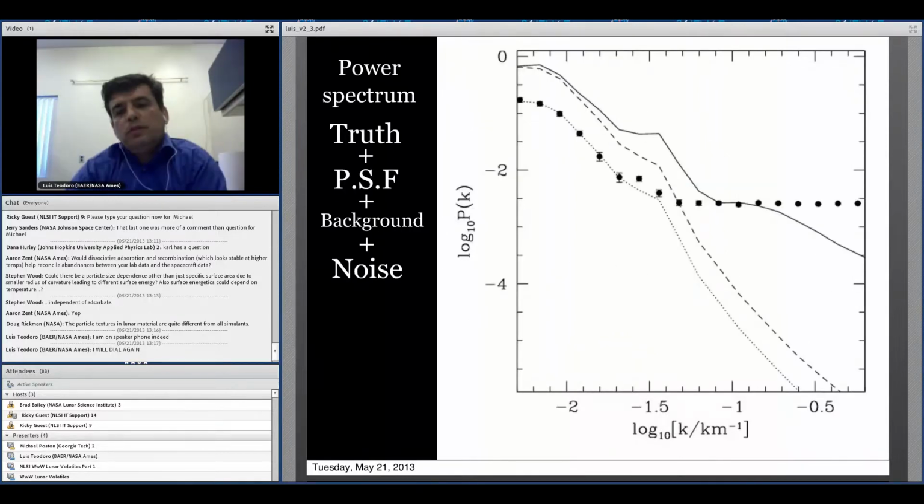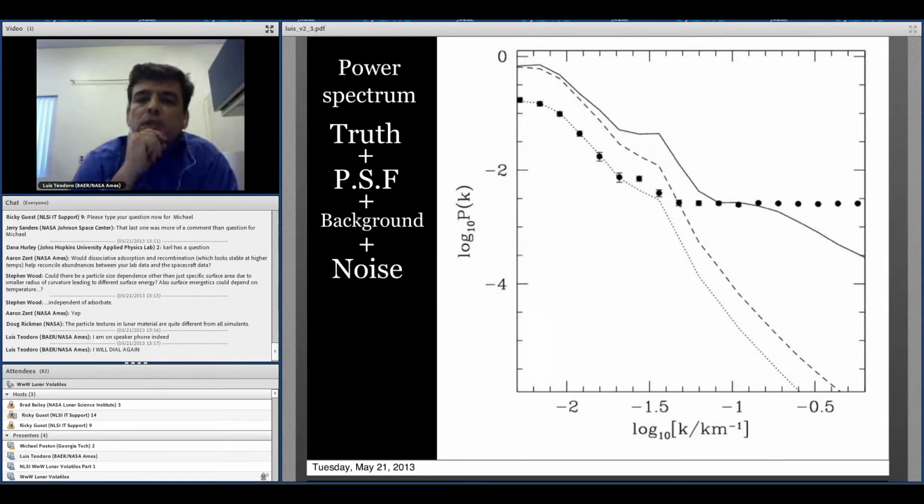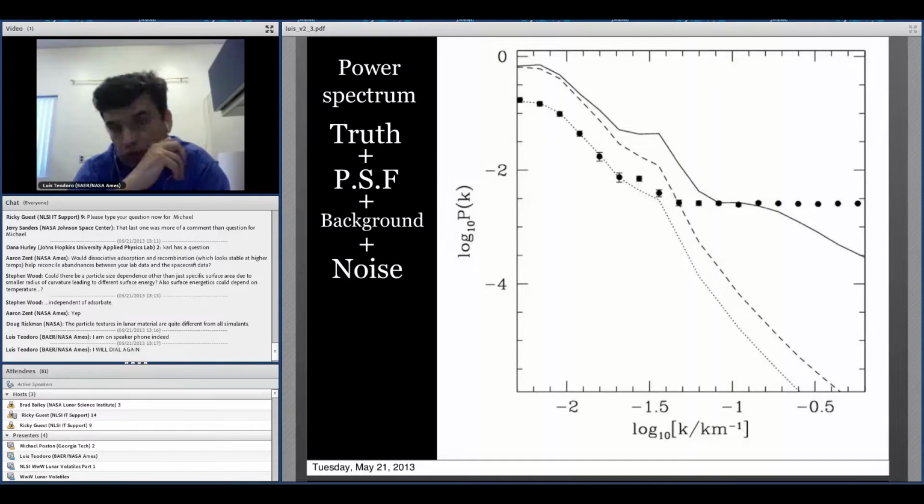The power spectrum looks like this. Starting off from a full line of what we call the truth, once you smooth, we clearly see that we wipe out power on small scales. I beg your pardon. On small scales, in this plot, is on the right-hand side. As in the previous statistics, once you introduce the background, one goes from the dashed line into the dotted line, and it goes downwards.